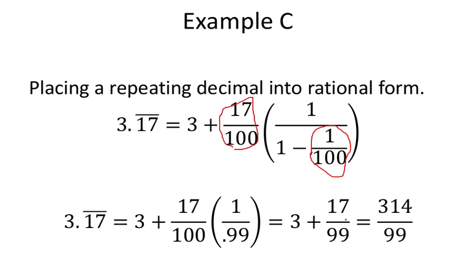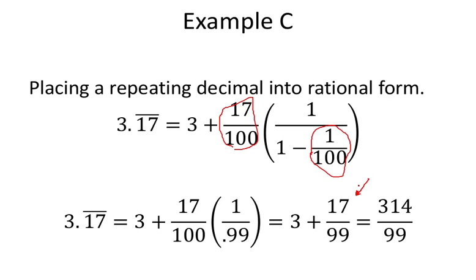Well, guess what? 17 over 99 is going to be 0.17171717 forever. You can add 3 to it and you get 314 over 99 to give you the actual expression of 3.171717. So this ratio of 17 over 99 is what gives that 1717 repeating decimal.